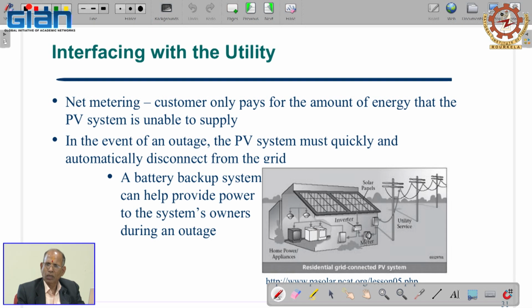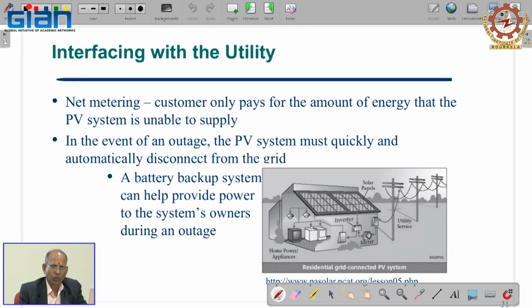So the PV system need not be disconnected. But if the voltage becomes very low, it is difficult even for the PV system to help. In that case, I might have to disconnect. So it depends upon the situation.